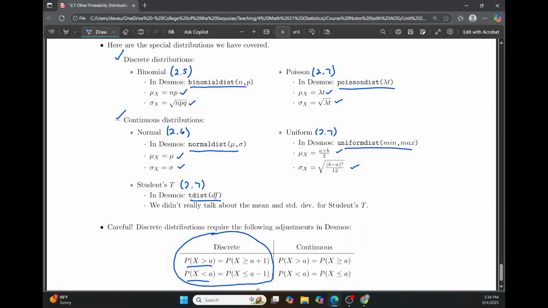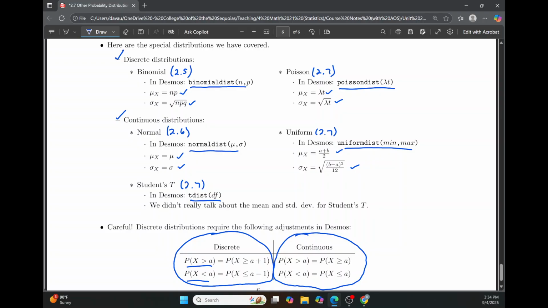Whereas if your variable is continuous, then no adjustment is necessary. So for a discrete distribution, the probability that x is greater than a will be entered into Desmos as the probability x is greater than or equal to a plus 1. And the probability x is less than a will be entered into Desmos as the probability x is less than or equal to a minus 1.